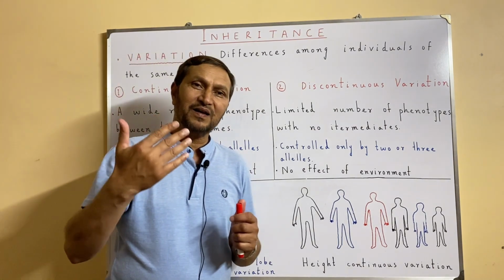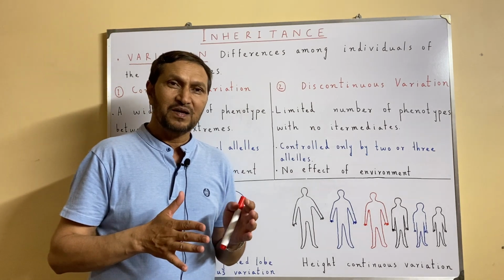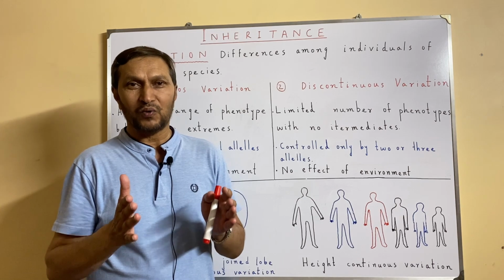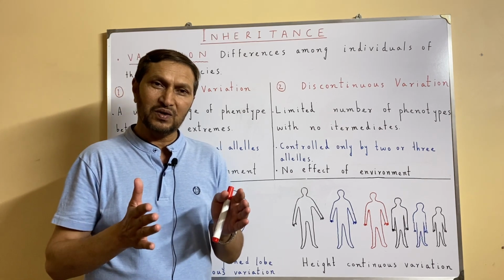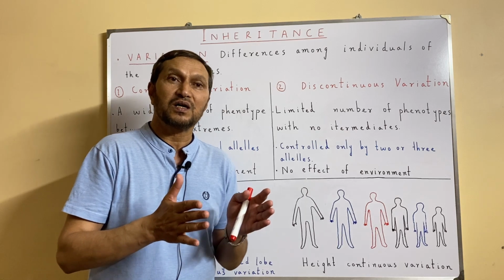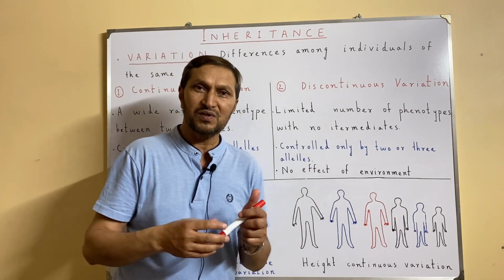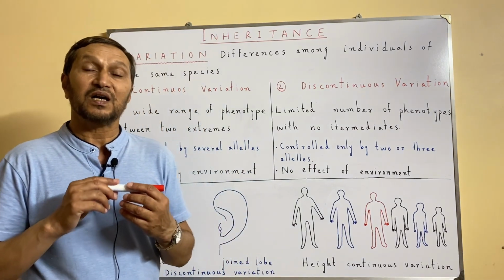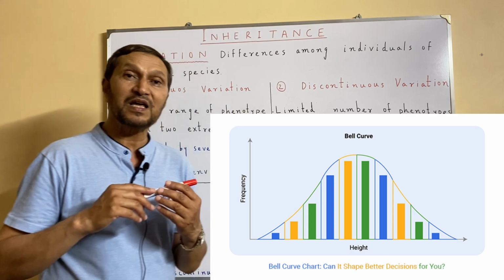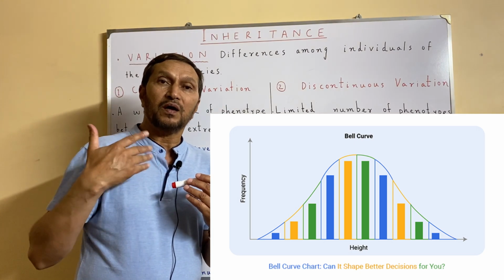Now, in the last part of my lecture, I will describe how the graph of continuous variation looks and how the graph of discontinuous variation appears. First of all, for continuous variation, the graph is bell shaped. How and why?